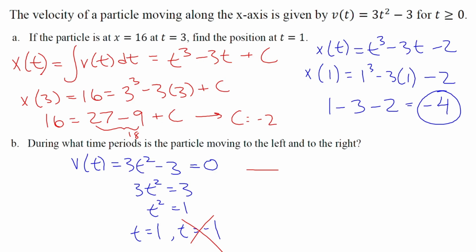So if we just make a little sign chart for our velocity starting at 0 with one critical value of 1 for our velocity function, then when we plug in something more than 1, like a million, into our velocity function, we clearly get something that's positive. So we're going to get a positive there. But when we plug in something that is to the left of 1 but bigger than 0, like a half, and if we square a half, that's a fourth.